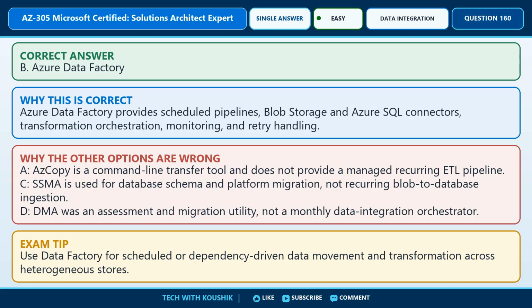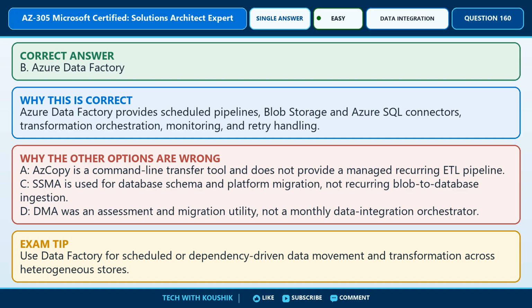The best answer is option B, Azure Data Factory. Azure Data Factory provides scheduled pipelines, blob storage and Azure SQL connectors, transformation orchestration, monitoring, and retry handling. The remaining options are incorrect because A, AzCopy is a command line transfer tool and does not provide a managed recurring ETL pipeline.